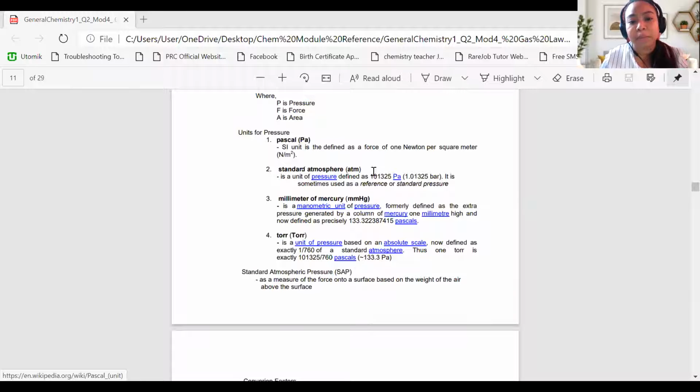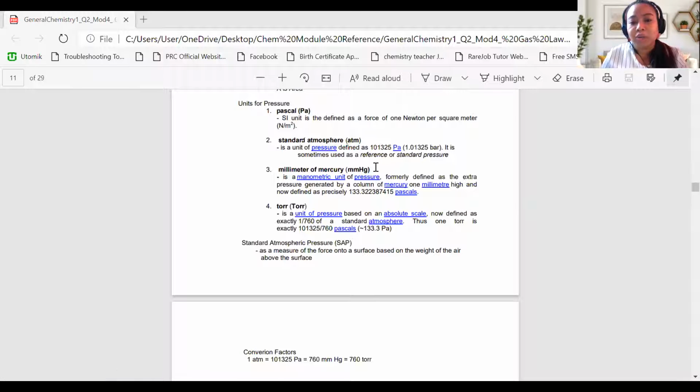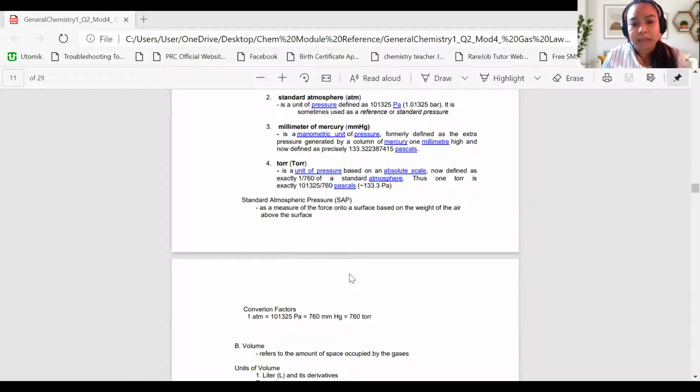We also have millimeter of mercury, which is the unit for the barometer. The barometer is the instrument we use to measure atmospheric pressure. Then the torr. So when we say standard atmospheric pressure, it is a measure of the force on the surface based on the weight of the air above the surface.